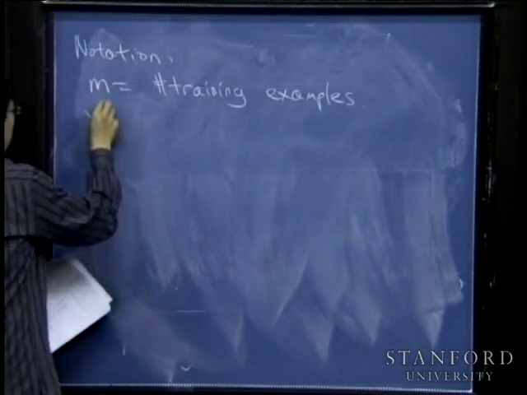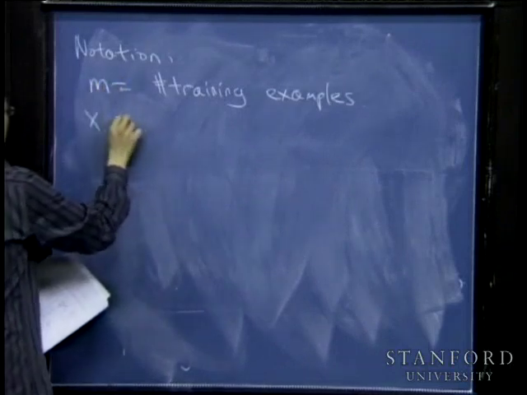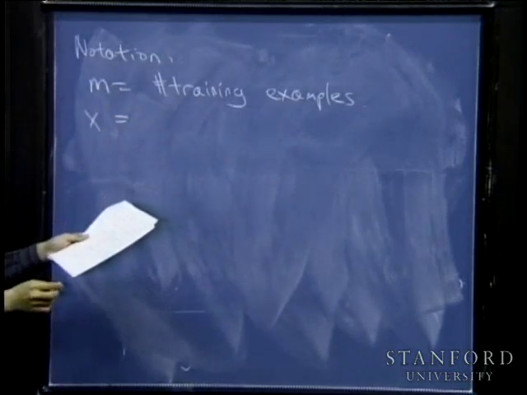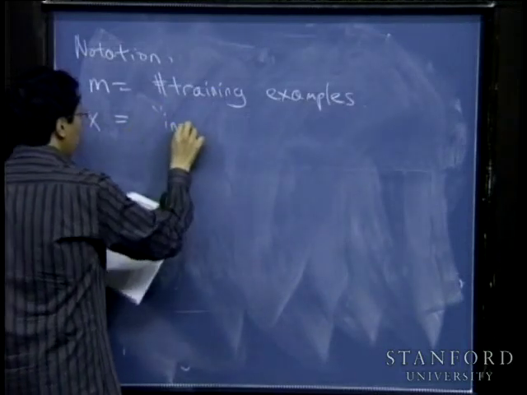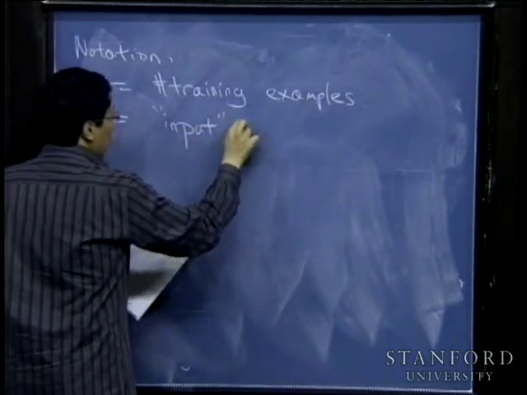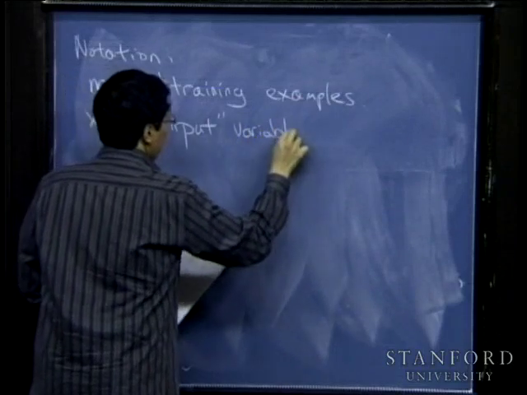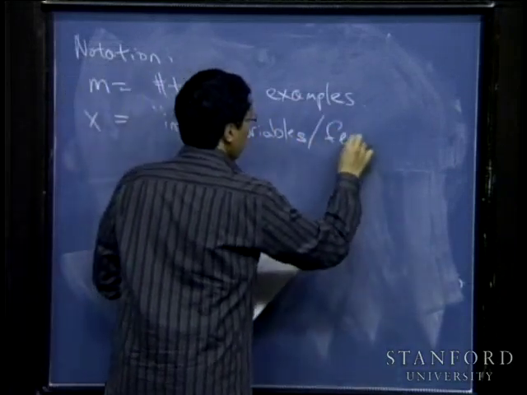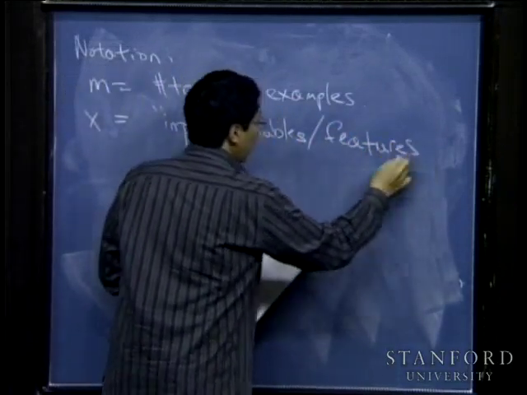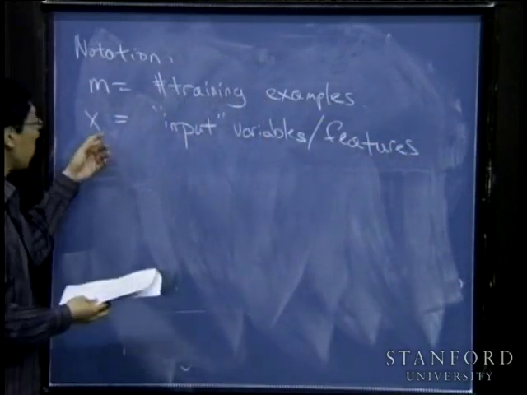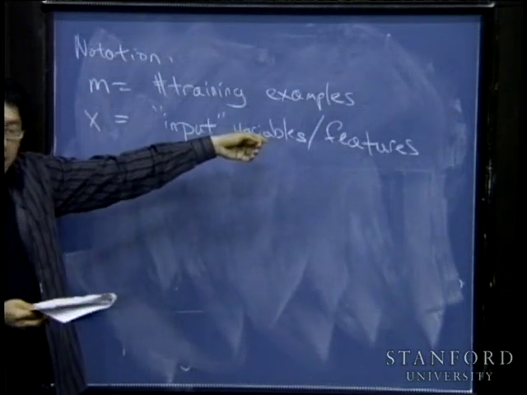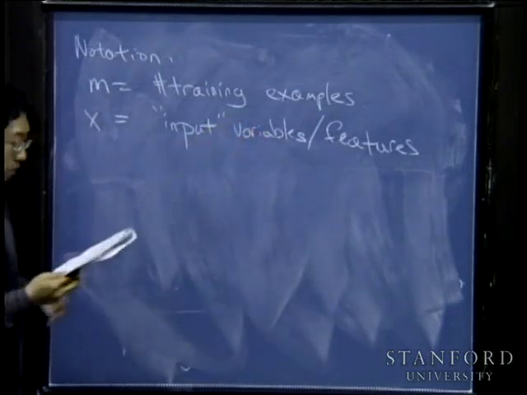I'm going to use the lowercase alphabet x to denote the input variables, which are often also called the features. And so in this case, x would denote the size of a house that we're looking at.